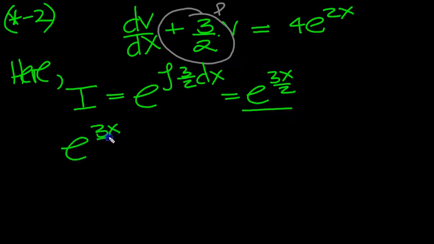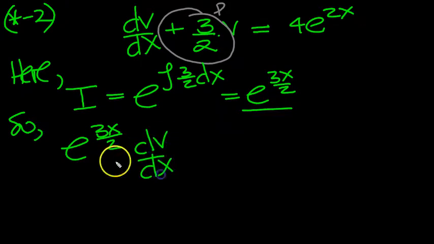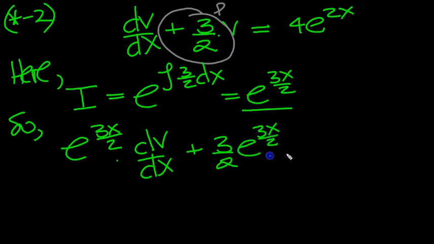So e to the 3x over 2 times dv/dx, plus 3 over 2, the e to the 3x over 2 I'll put in the middle, times v, equals 4. Now e to the 3x over 2 times e to the 2x, you just add the powers, the indices. 2x and 3x over 2 is 3.5x, isn't it? 7x over 2.